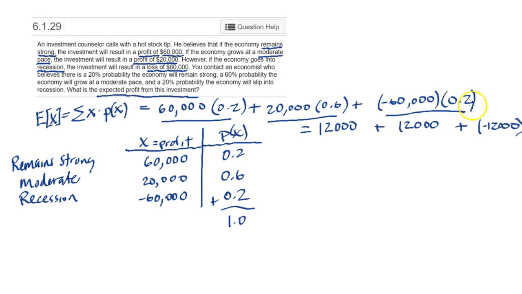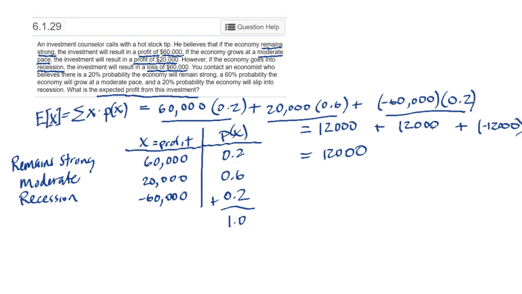Negative 60,000 times 0.2 is negative 12,000. And when we sum this up, we get just 12,000. Okay, so that's how you determine the expected profit from this investment based on the given information.